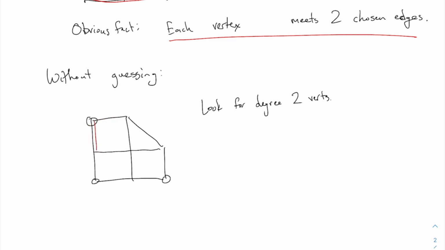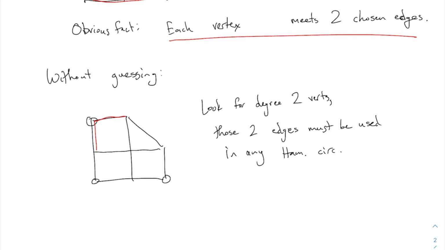That's because I said before, every vertex must meet 2 chosen edges. If the degree is only 2, then you have to use those 2 edges in your Hamilton circuit. All right? So look for degree 2 vertices, and then those 2 edges must be used in any Hamilton circuit.